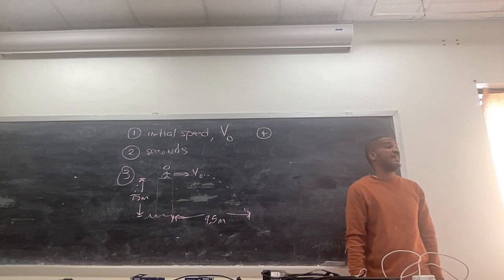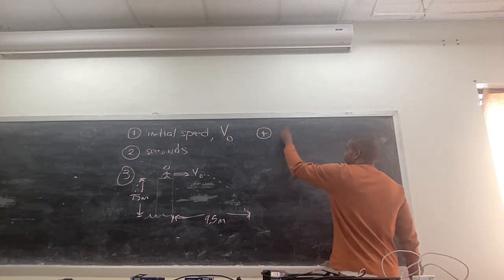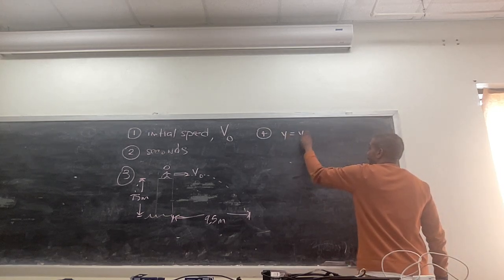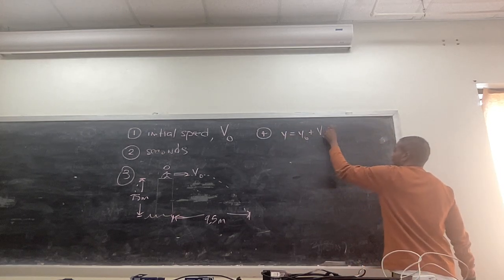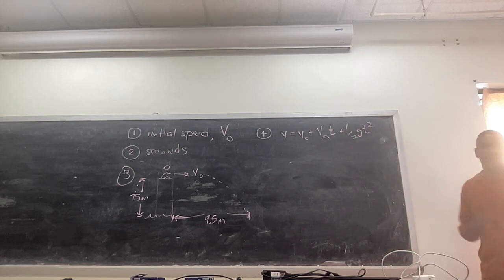So that's what we need to understand: horizontal and vertical. Okay? So y equals y naught plus v0 t plus 1/2 g t squared.